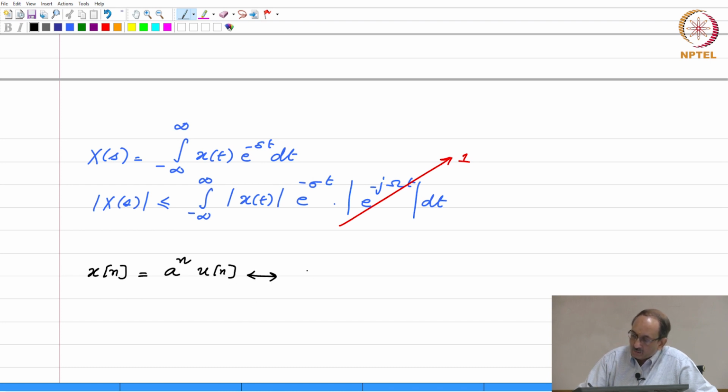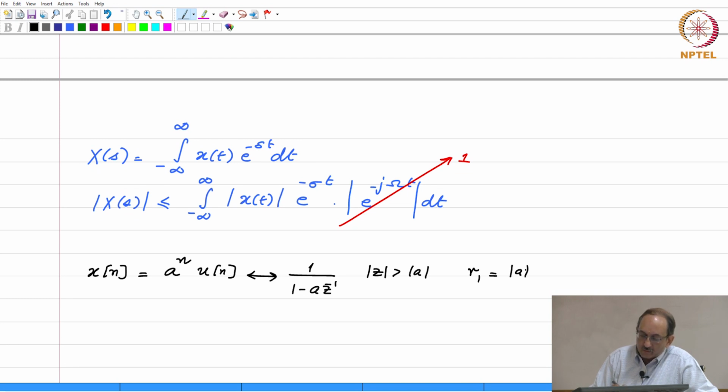We saw this example: 1 by 1 minus a z inverse, with mod z greater than mod a. In this case, R1 happens to be mod a.